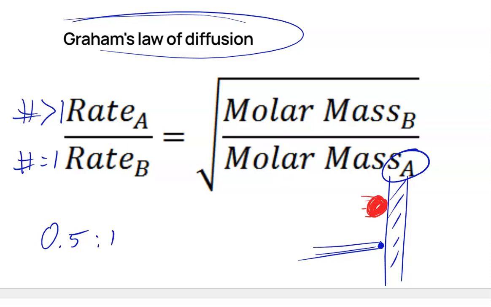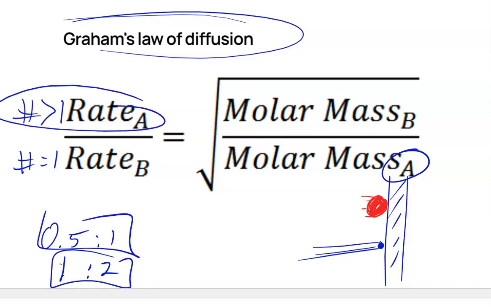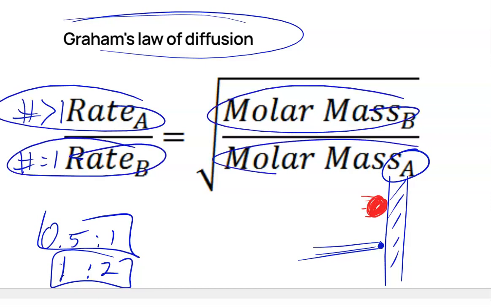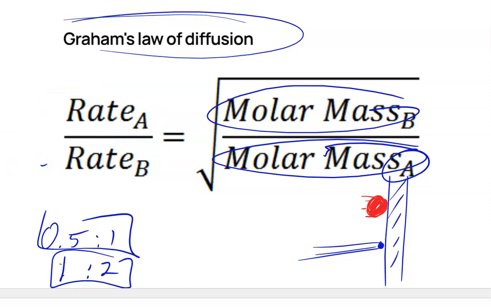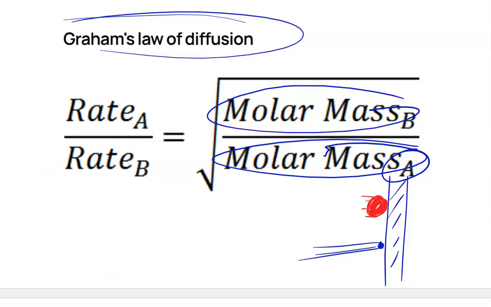We like rates of 1 to 2. This looks a lot nicer than this, although it says the same thing. So if we want this one to be bigger than this one, then this one has to be bigger than this one. So you put the bigger molar mass on top, the smaller one on the bottom, and that will ensure you get a value over here that's greater than 1, and it makes sense.